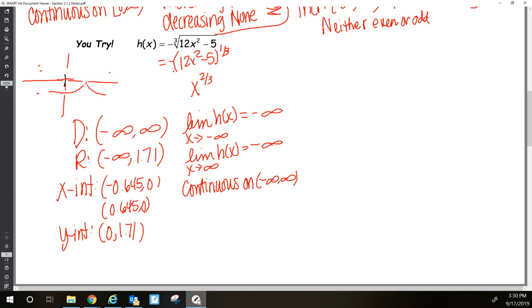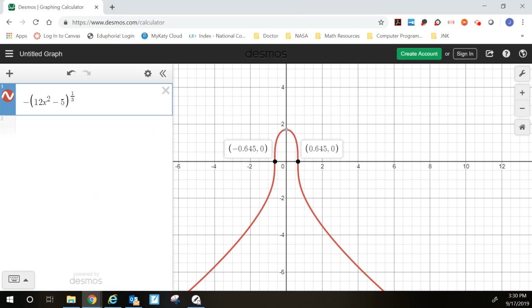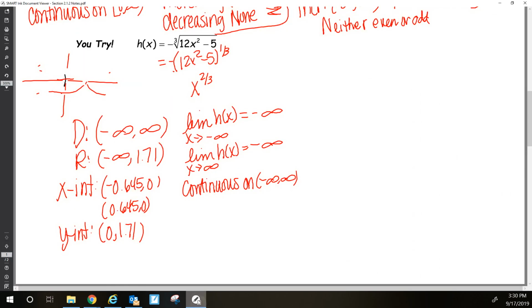And we do have an increasing portion and a decreasing. So we are getting bigger as I go from negative infinity up to 0. At 0, it turns and comes back down and starts decreasing from 0 to infinity. So we're increasing, negative infinity to 0, don't include that 0, decreasing, 0 to infinity.